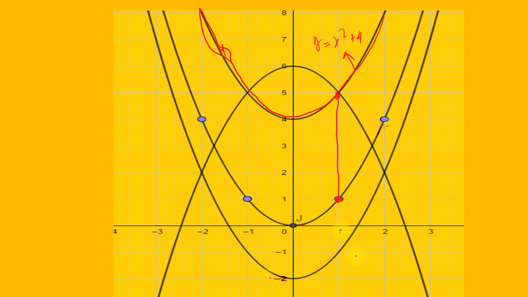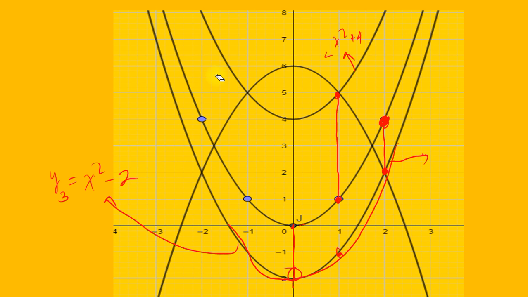So I'll delete this first. So we have an eraser here. So we have the last graph. The last graph is this one. Okay.